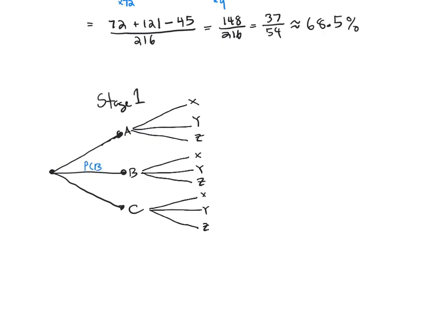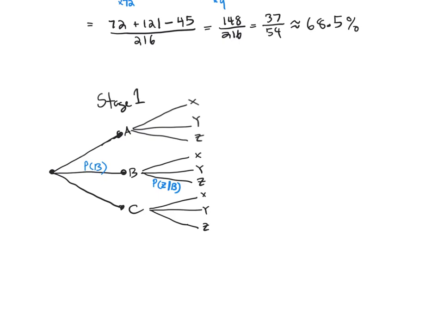So this one would be the probability of B. The probabilities that go on the branches in the second stage are given that the first stage has happened. So here you would put the probability, for example, that Z happens given that B happens.